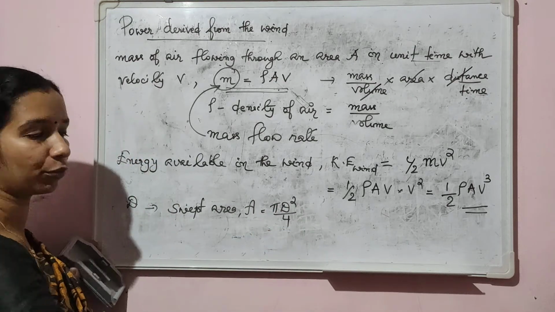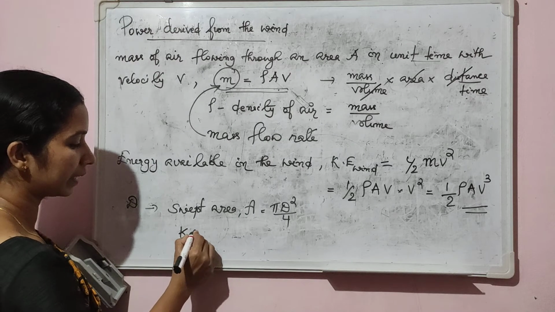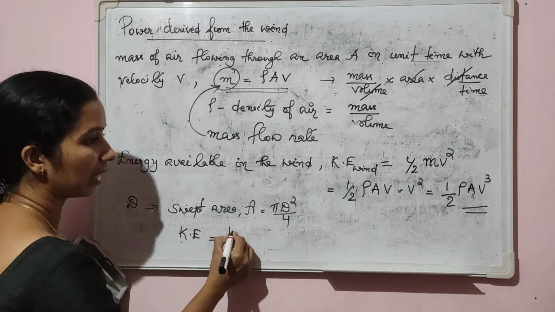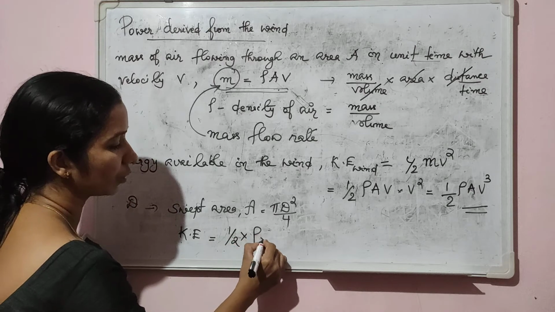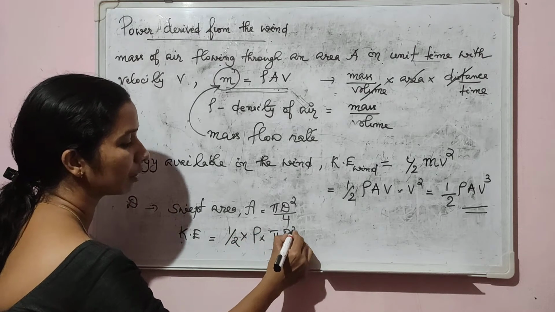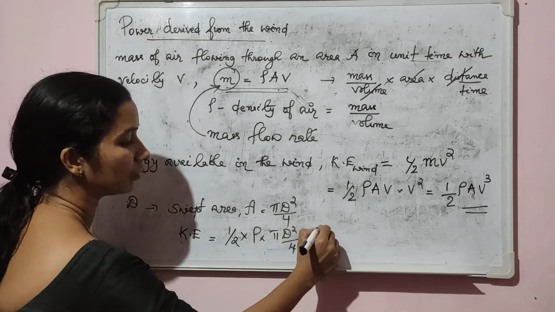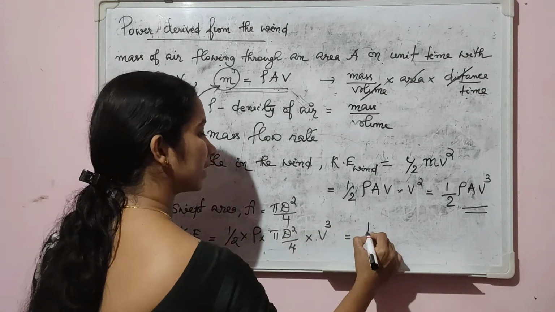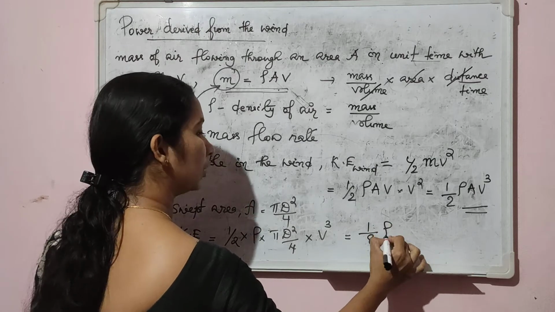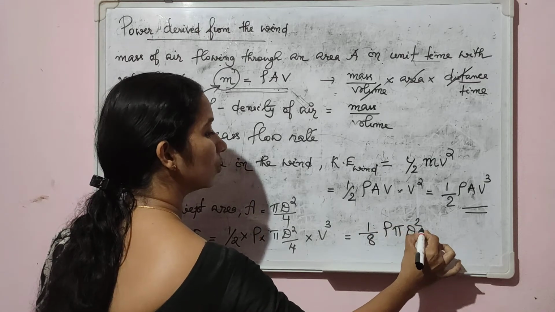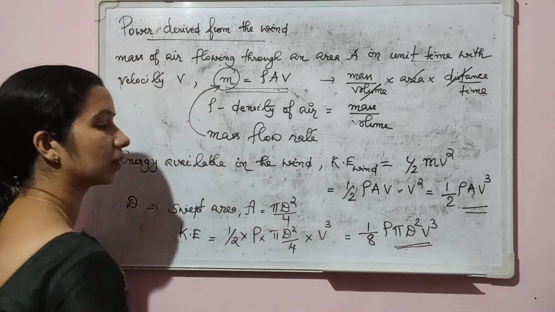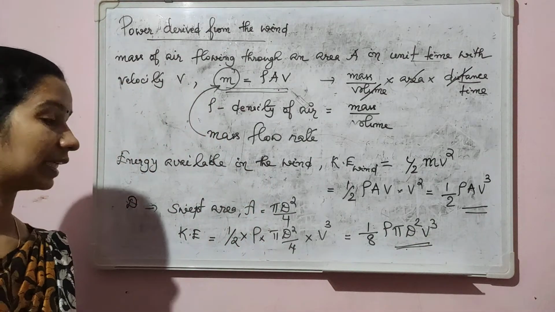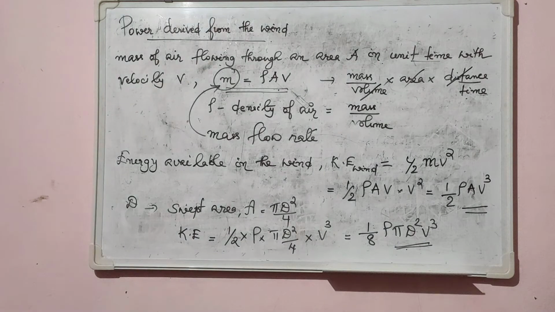Then we can write the kinetic energy available in the wind as half into rho into A, which is pi d square by 4, into v cube. That becomes 1 by 8 into rho into pi d square into v cube. So this is the value of kinetic energy of the wind when the turbine is sweeping a circular area having a diameter d.